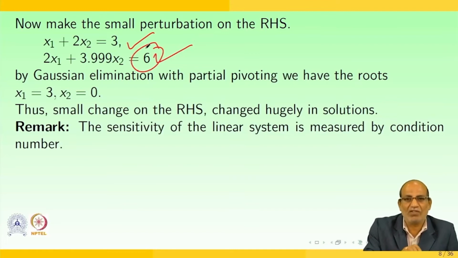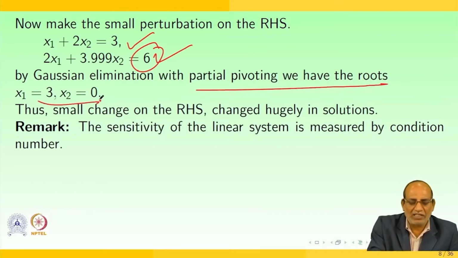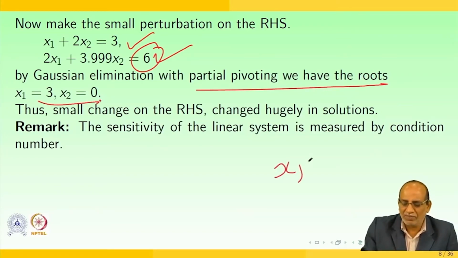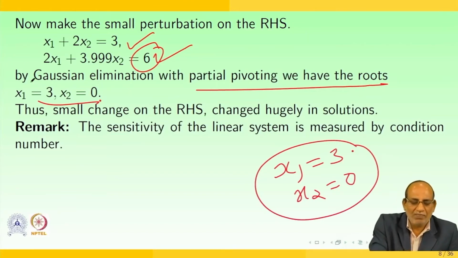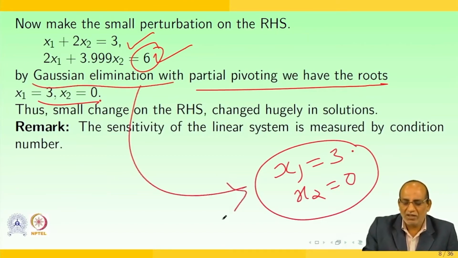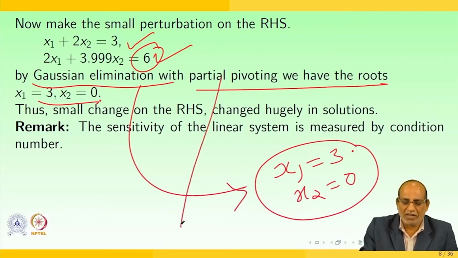So this is different from what we did earlier. By Gauss elimination with partial pivoting, we have the roots like this: x1 is 3 and x2 is equal to 0.